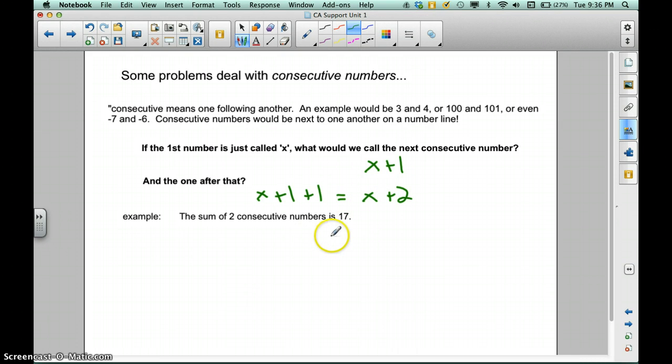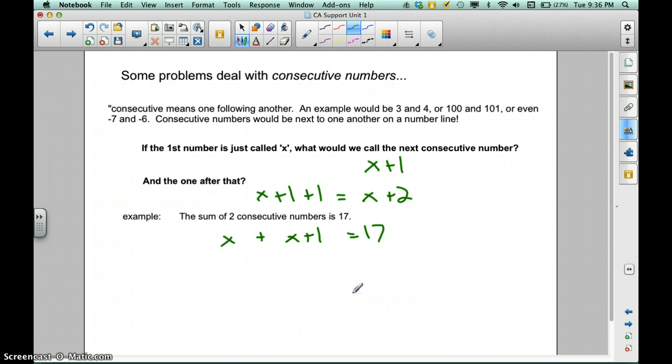All right, so the example here that you'll see with consecutive numbers says the sum of two consecutive numbers is 17. So when you see consecutive numbers, you're going to tell me one of them, and you're going to tell me the next consecutive number, so that's x plus 1. The sum of them means add them together, doesn't it? Sum, and then is 17.